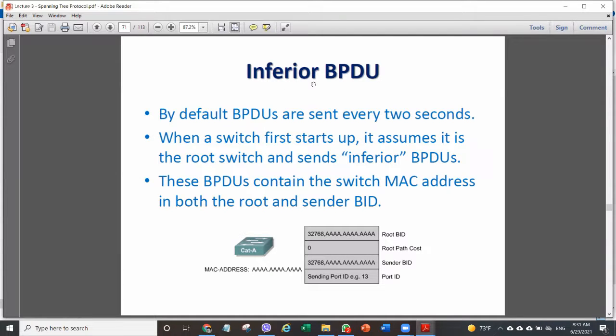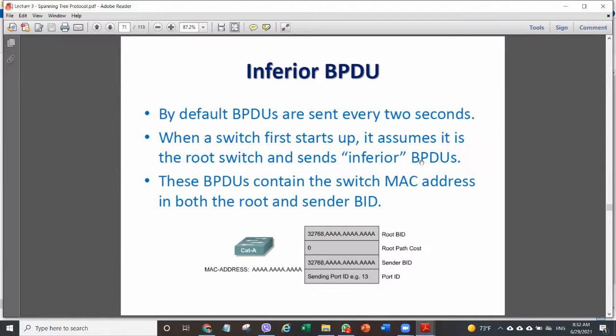Right? Then the inferior BPDU. That means a specific kind of BPDU. Let's look into that. By default, BPDUs are sent every 2 seconds, right? Every 2 seconds, BPDUs are sent. When a switch first starts up, it assumes it is the root bridge and sends an inferior BPDU.